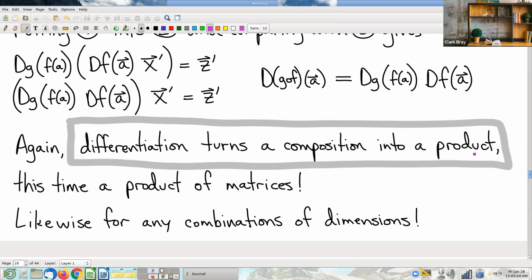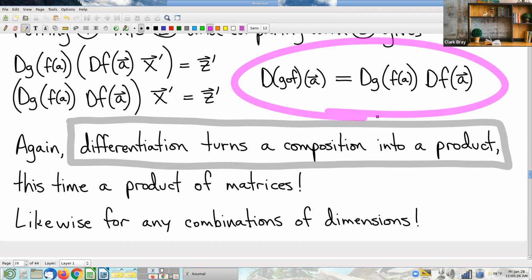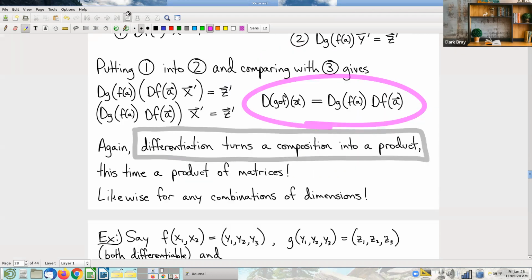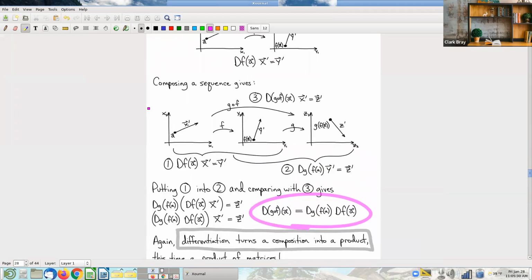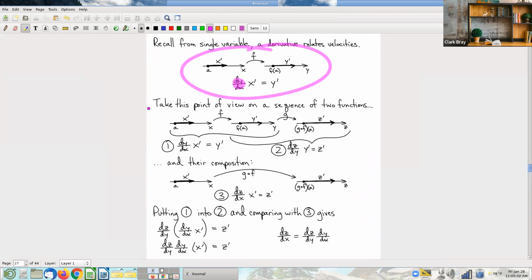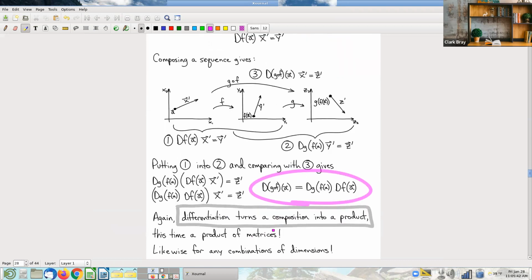And why is this fact about matrix derivatives true? Well, it's morally equivalent to what happened with single variable calculus. Now, instead of multiplying by scalars, we're multiplying by matrices, but we're still multiplying, and multiplication is associative, and so it's the same.